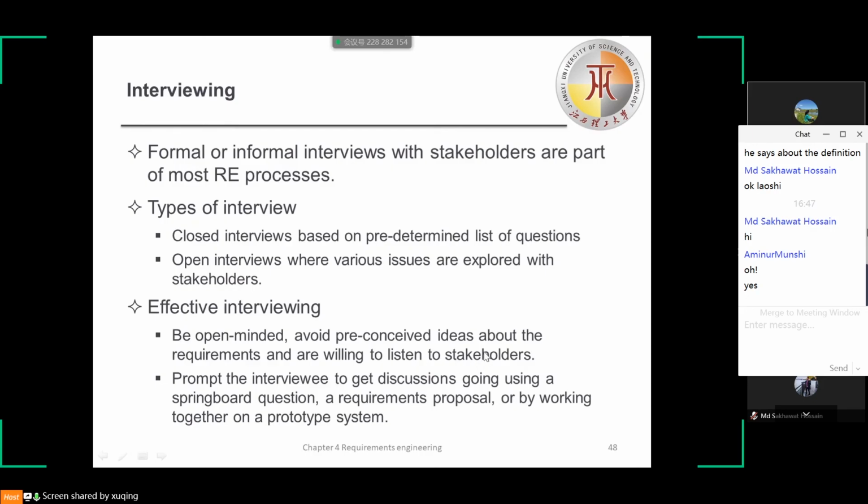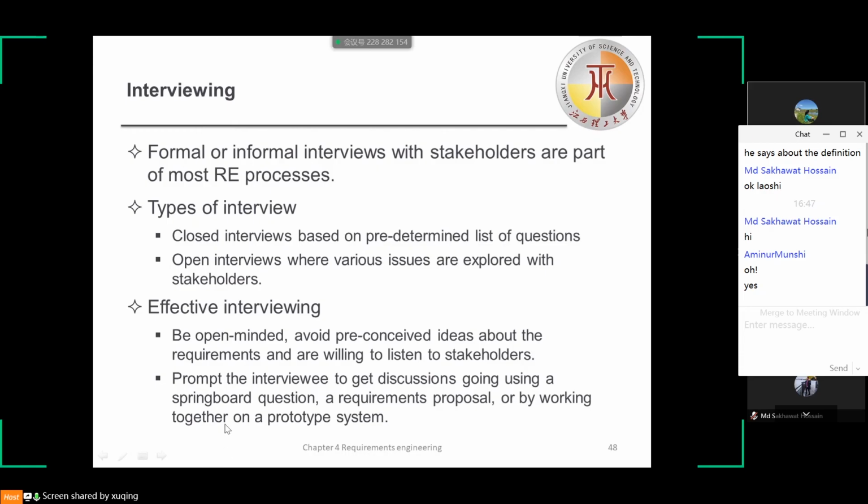If the stakeholder comes up with surprising requirements, then that means they are really willing to change their mind about the system. Also, as an effective interviewer, we should prompt the interviewee to get discussion going using a springboard question, a requirements proposal, or by working together on a prototype.